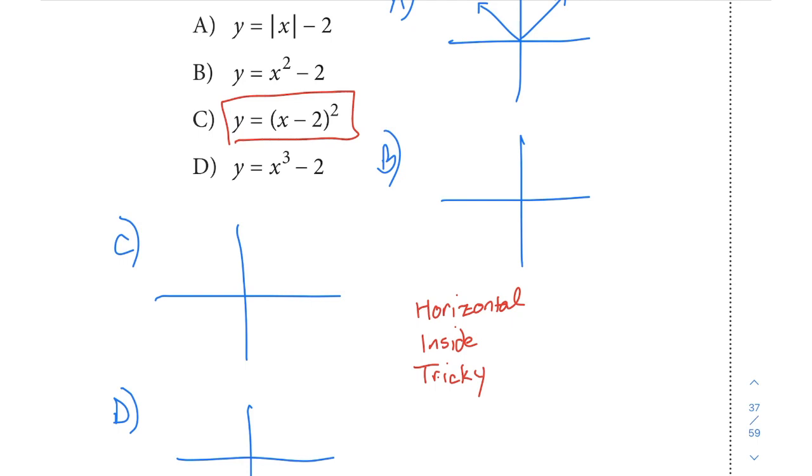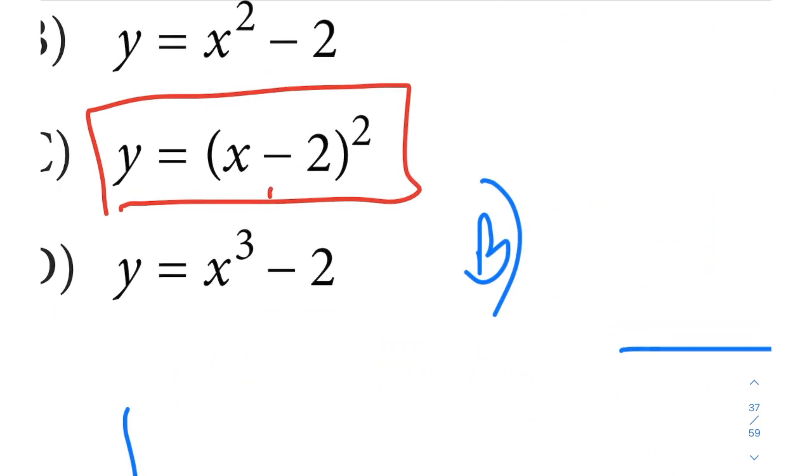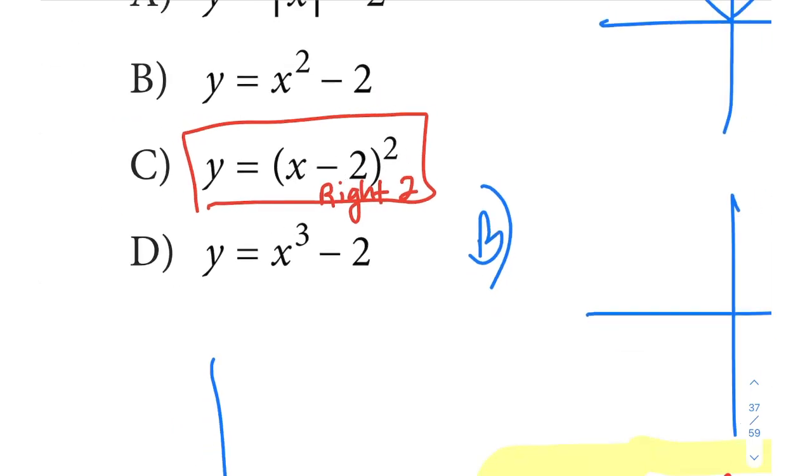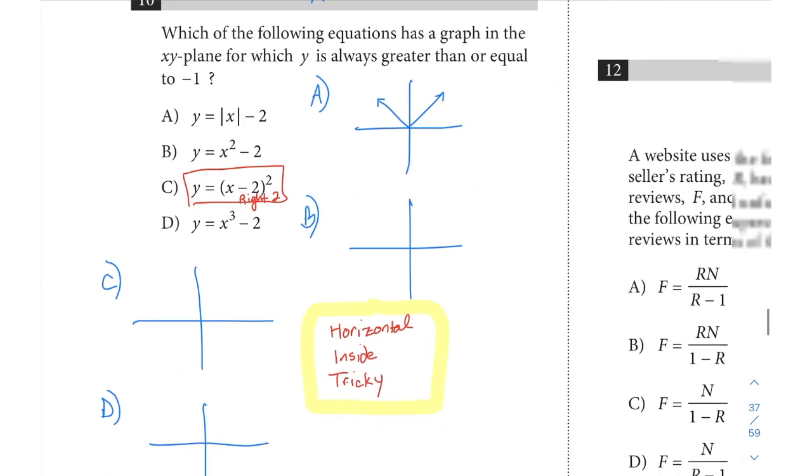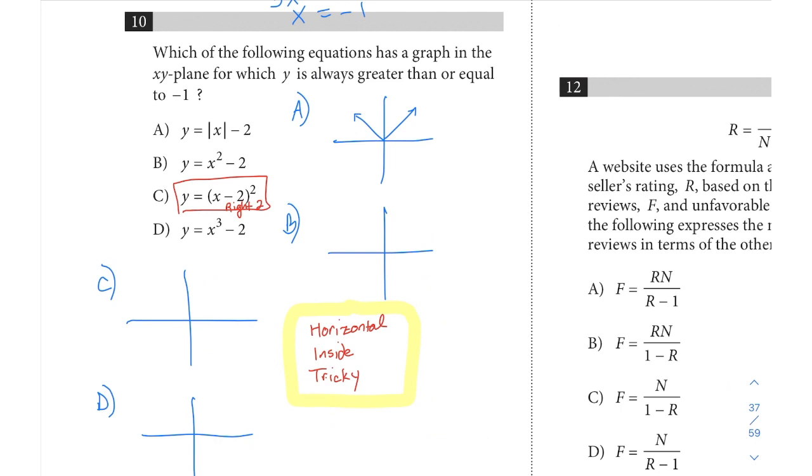And horizontal shifts are a little bit tricky because they work almost counterintuitively. A -2 is actually a shift to the right by 2 units. So you're going to the right 2. You might think minus would indicate a shift to the left, but that's why the horizontal ones are a bit tricky. So HIT, horizontal inside tricky, is a great way to remember what type of transformations you're going to have for your graph.